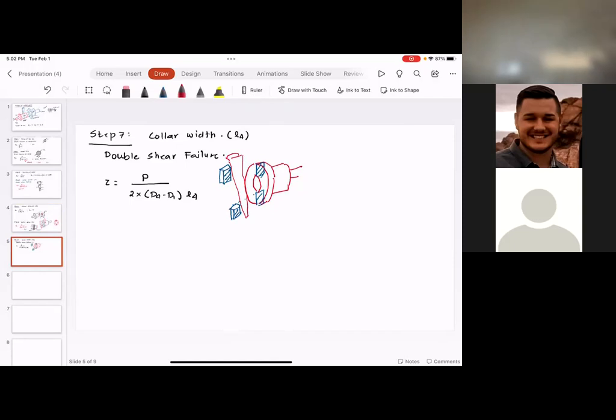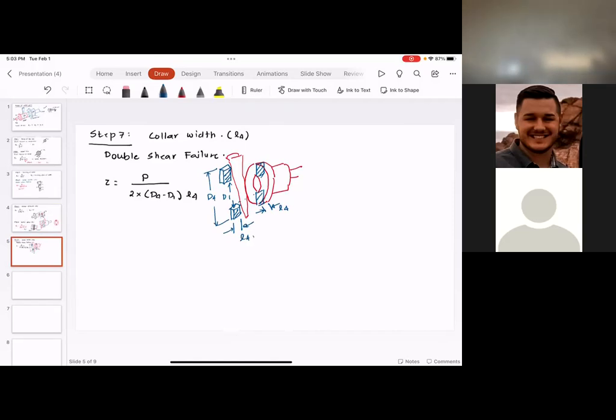So now, as you can see, this is L4. This dimension is D4. This dimension is D1. This dimension is L4.